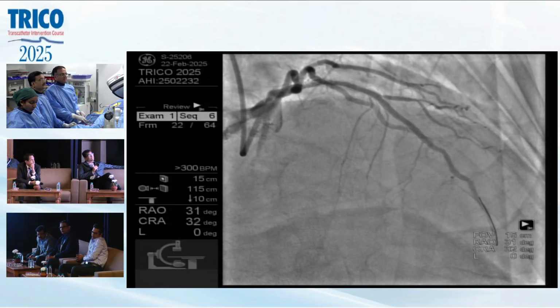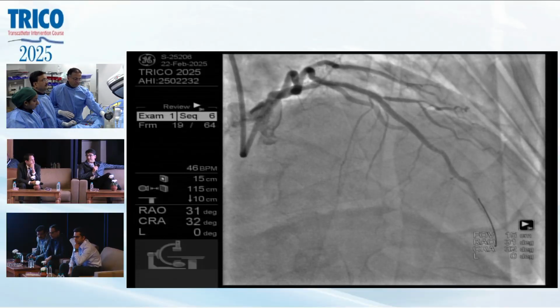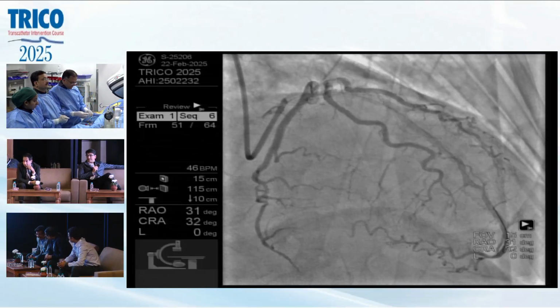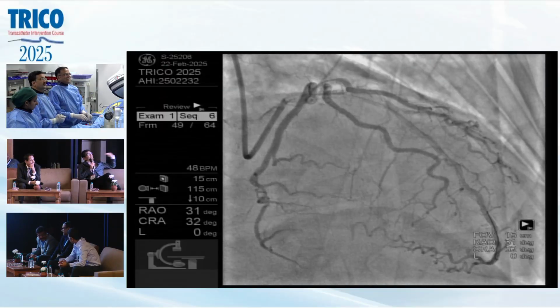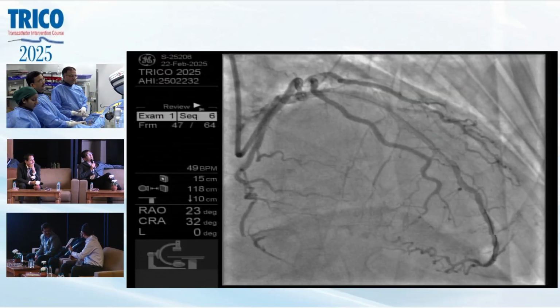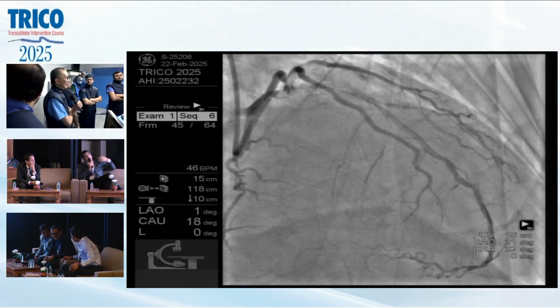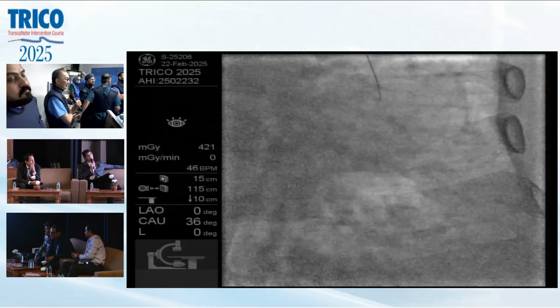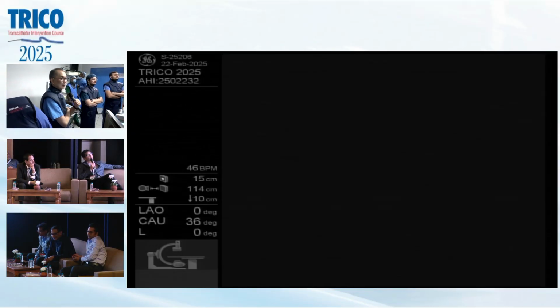How about you, Sammy? The cost is prohibitive. It's $6,000 US dollars. One institution has on paper approved it, but hasn't gotten it for 6 months. Yeah, we also use it very sparingly. Same thing for us: very sparingly used, for DES failure only and 2 layers of stent.